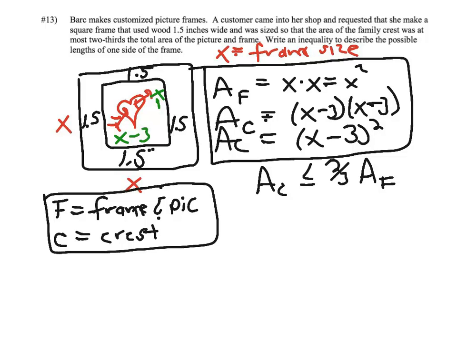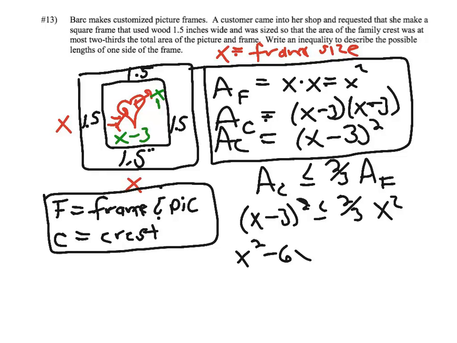Once you get to this point, it's pretty simple. A sub C is the difference of x and 3 squared. A sub F is x squared. If you multiply this out on the left, FOIL or box method, you get x squared minus 6x plus 9 less than or equal to 2/3 x squared.